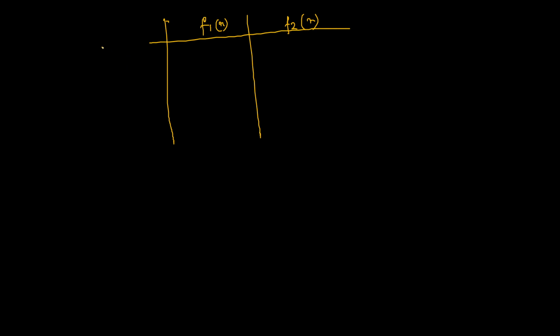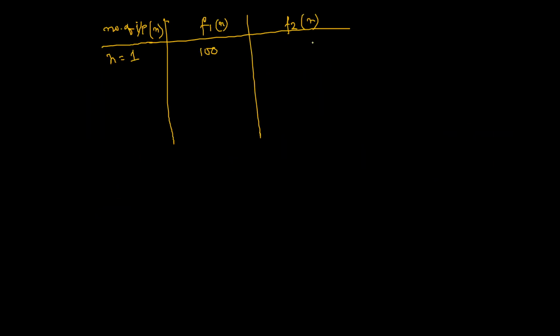Here we have f1(n) and on the other side f2(n), and here we have the number of inputs, n. If n equal to 1, f1(n) will give 100, because it was 100n.